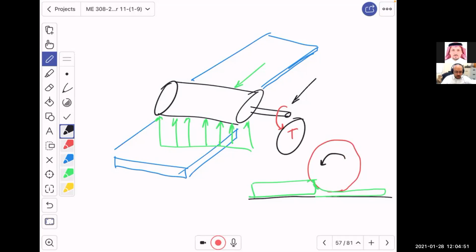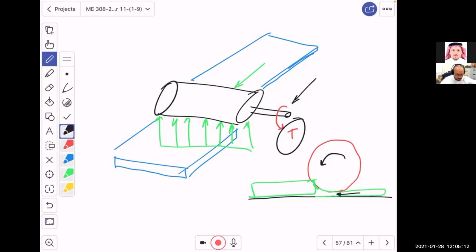Why? Because the material is opposing your action. If you try to push this way and something is pushing the other way, it will go the other way, and that's how the torque is balanced.